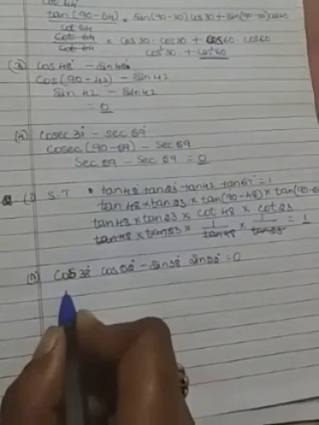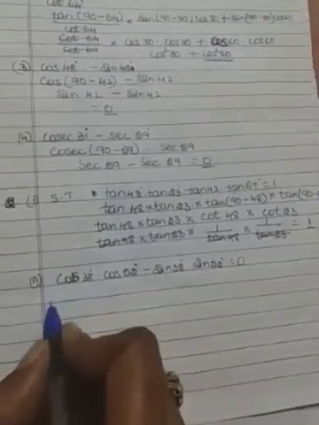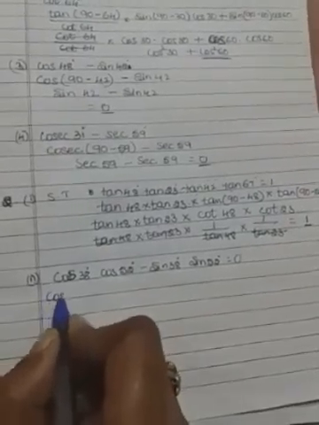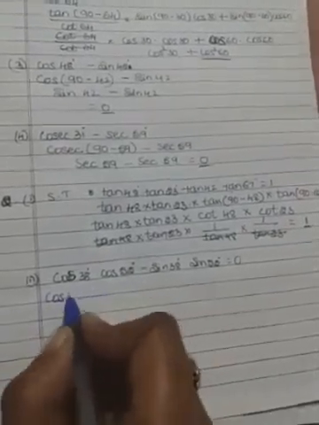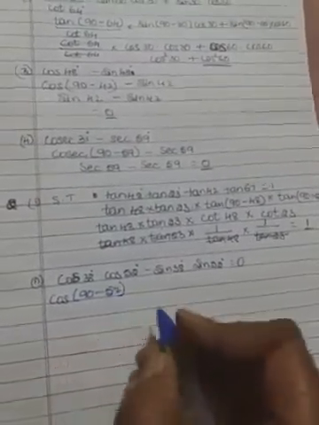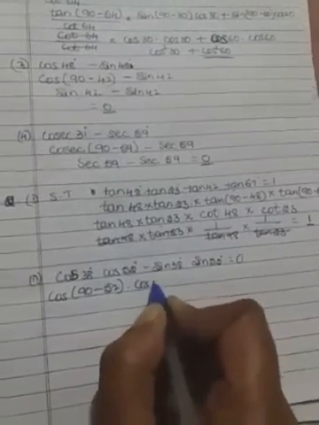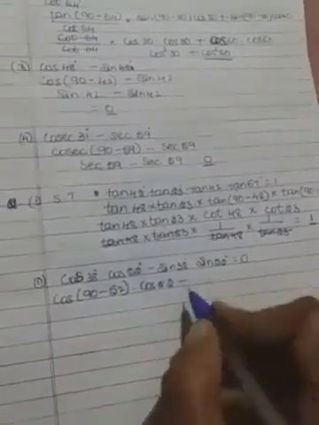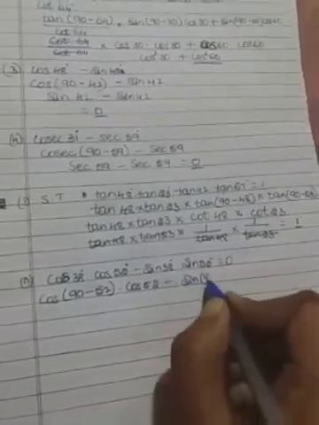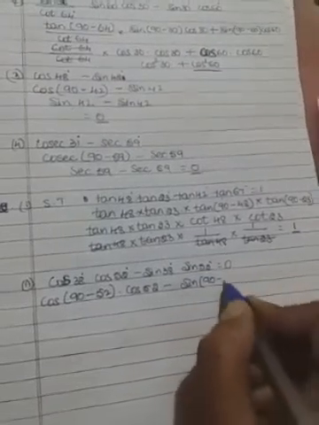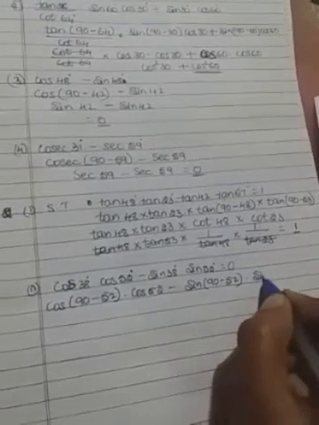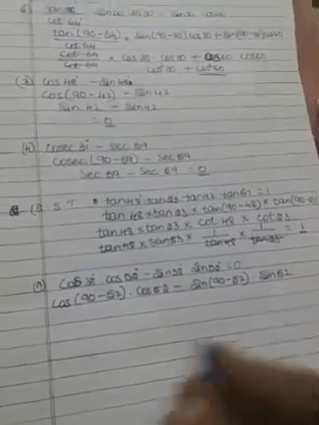We can write cos 38 as cos of 90 minus 52, and cos 52 as it is, minus sin 38, which we can also write in complementary form as sin of 90 minus 52, into sin 52.